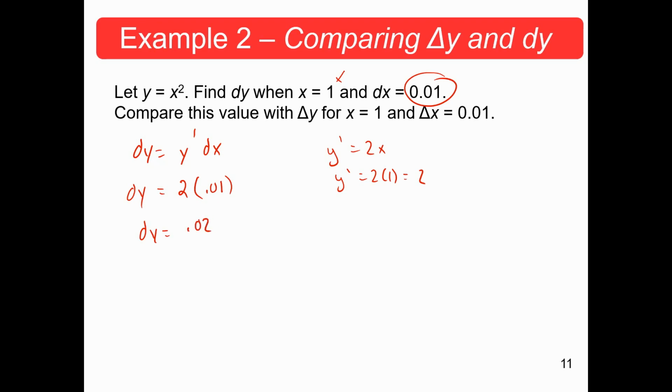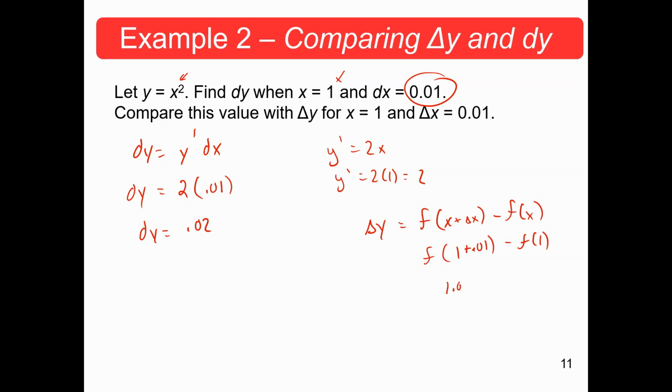Now let's see how that compares with the actual value of delta y. Well, how do I find delta y? Well, I know delta y is f of x plus delta x minus f of x, right? So, in this case, x equals 1. So, f of 1 plus 0.01, because that's 1 plus delta x, minus f of 1. So this just means I'm going to plug these values into my y.